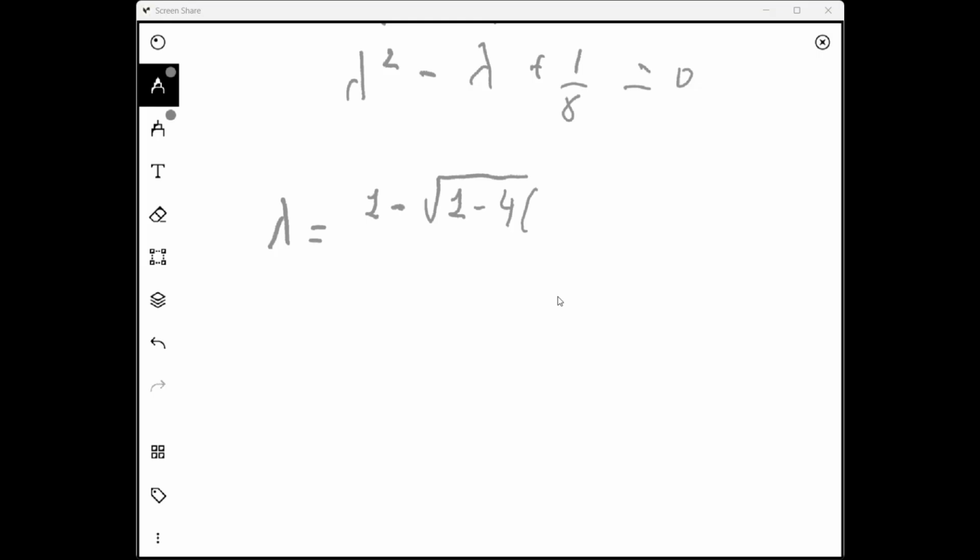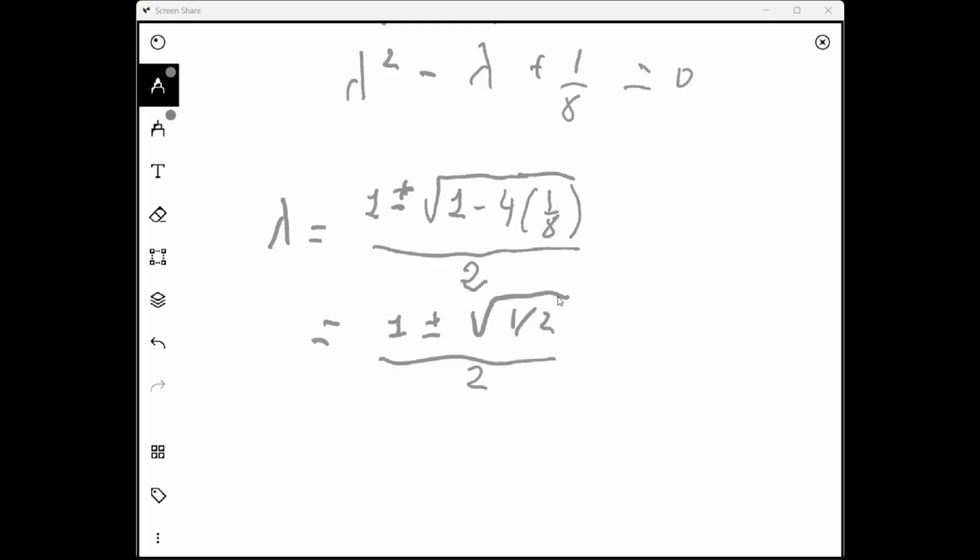A is 1, c is 1 over 8. So it's 1 minus or plus square root of 1 minus 4 over 8, which is 1 over 2, divided by 2.